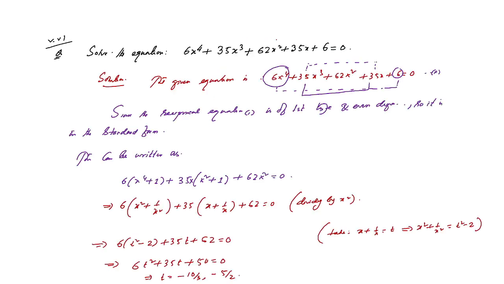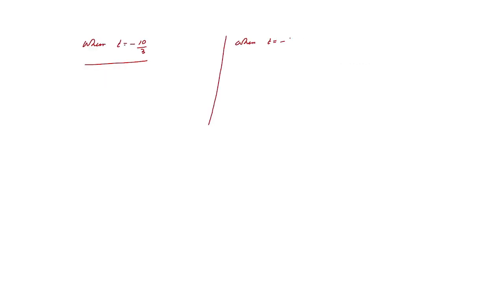Now we have two cases. The first case is when t equals to minus 10 by 3. And another case we will introduce here when t equals to minus 5 by 2, the other root. So in the first case x plus 1 by x will be minus 10 by 3. That means 3x square plus 10x plus 3 equals to 0.